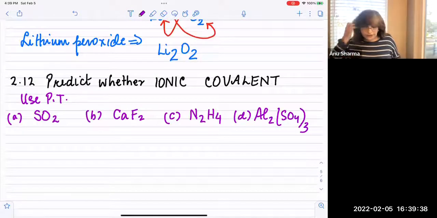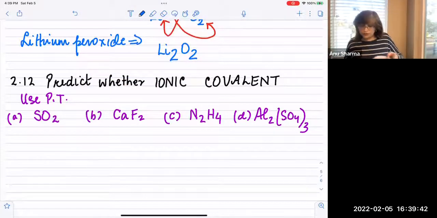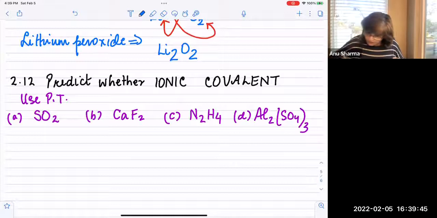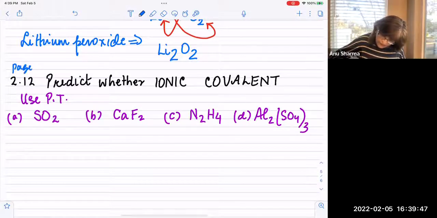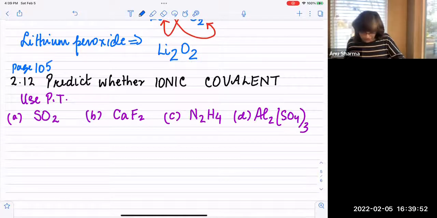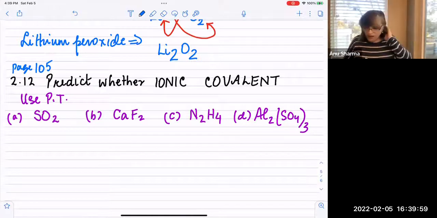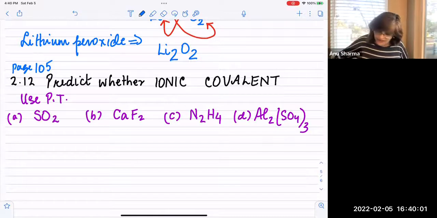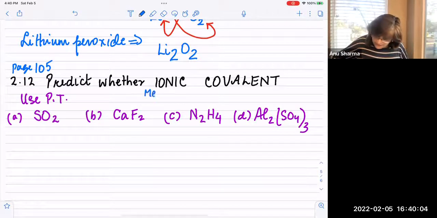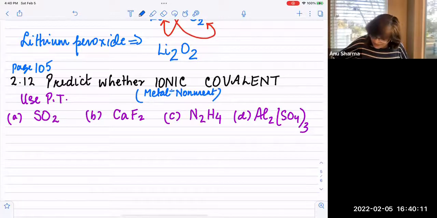All right, so the next question is 2.12, and this is on page 105. You are given the problem here: using the periodic table, predict whether the following compounds are ionic or covalent compounds. Ionic compounds, as we said, are between the metals and the non-metals. When metals and non-metals combine, then we have ionic compounds.